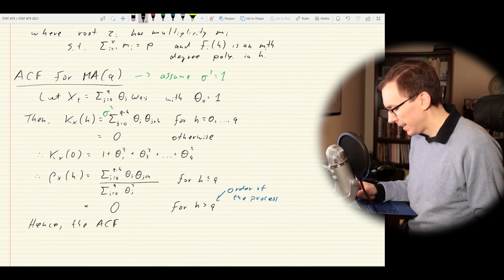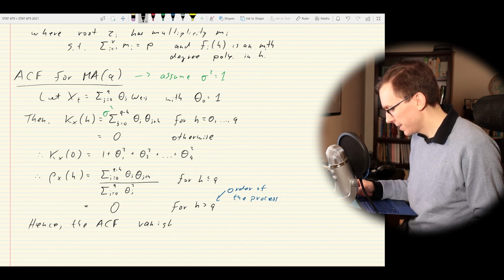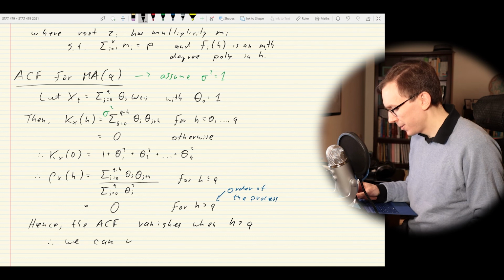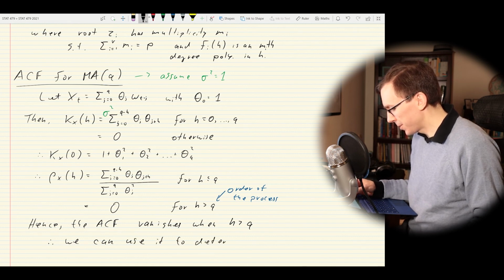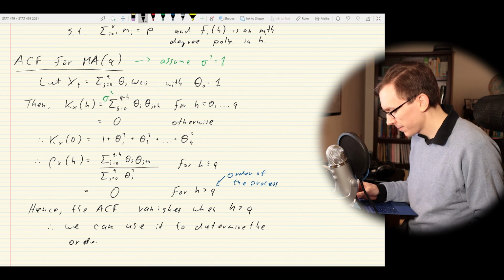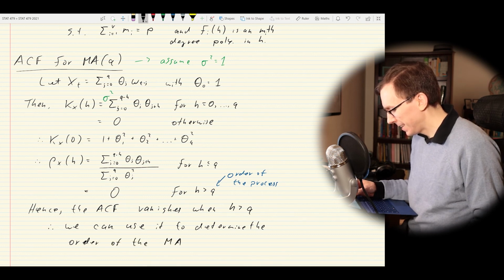The ACF vanishes when h is greater than q. Therefore, we can use it to determine the order of the MA process.